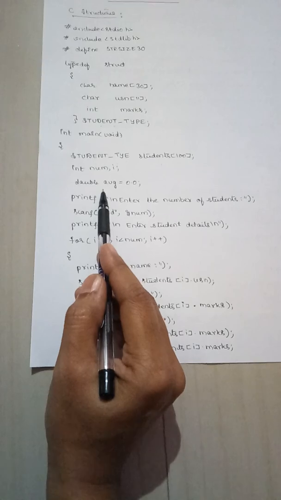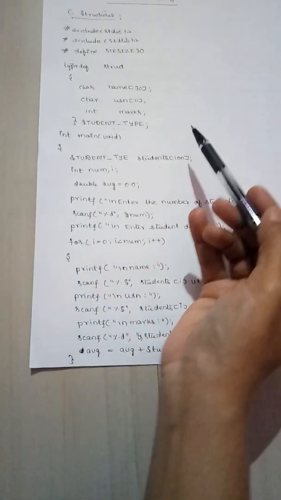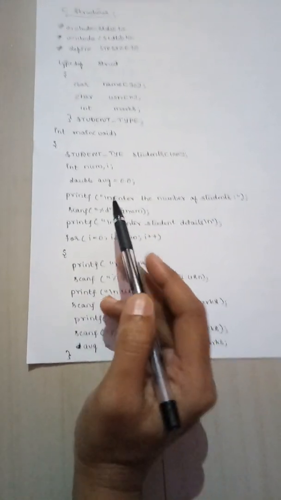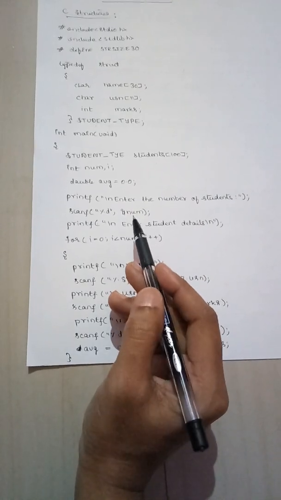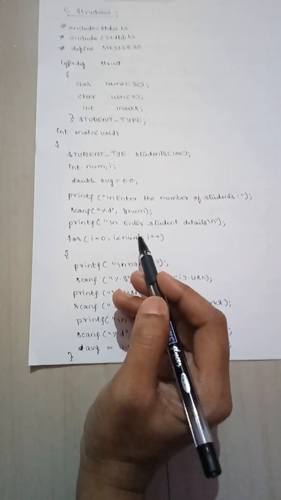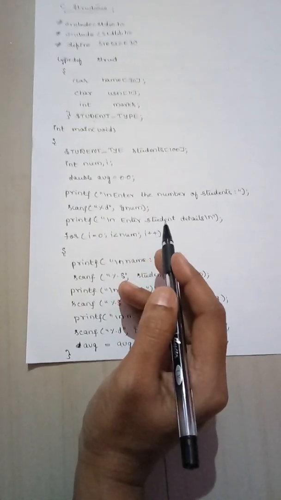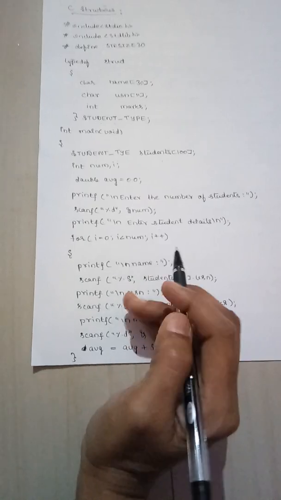The main purpose of this program is taking the details of students, totaling the marks, getting the average of marks, and comparing with the result of each student and telling which student has scored above the average and which student has scored below the average.